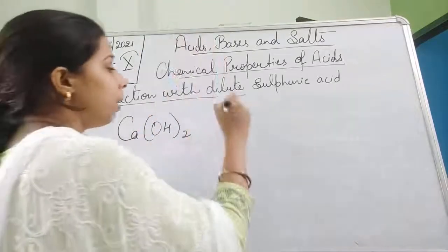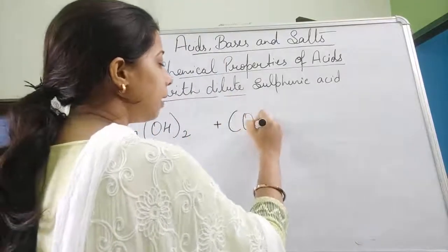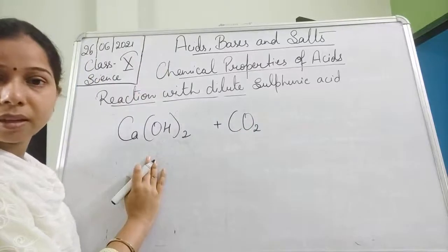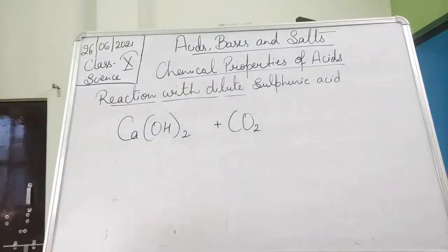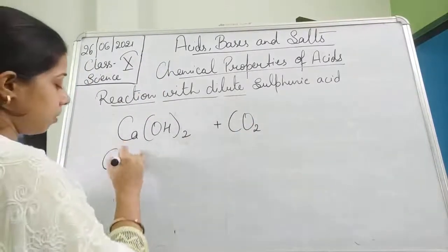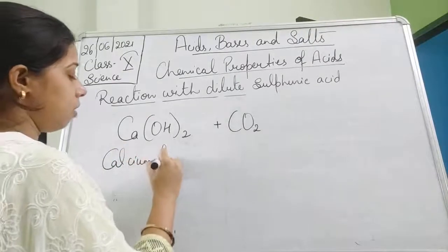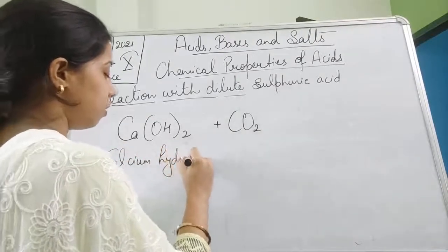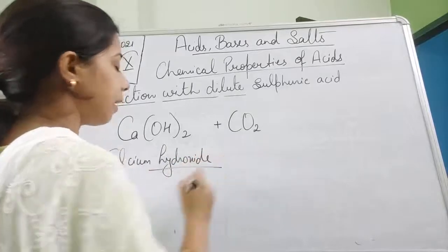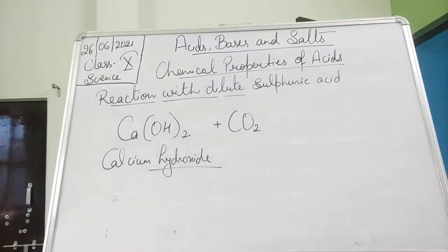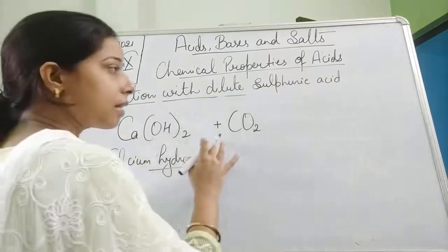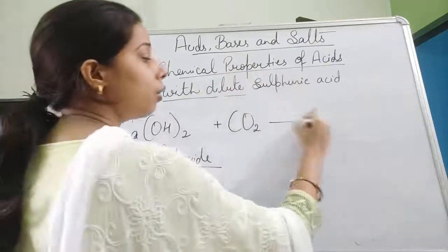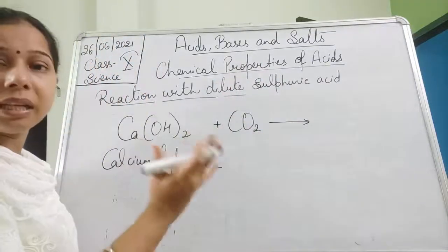Now what happens when this carbon dioxide passes into it? This is calcium hydroxide, also called lime water. So when carbon dioxide passes through this liquid, you know that it turns milky.